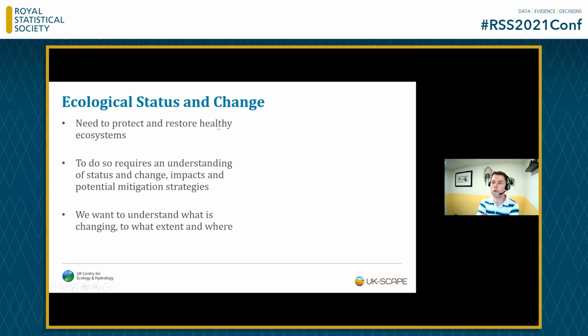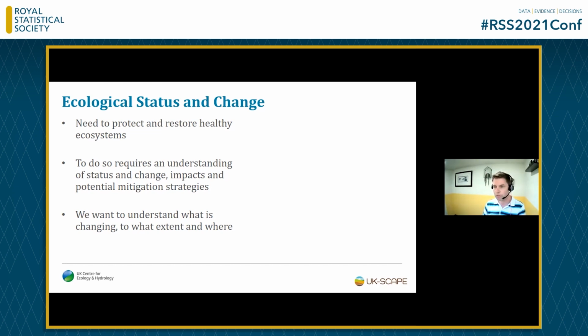So I'm going to talk about vegetation, but generally, this is about ecological status and change. And we know that there's a need to protect and restore healthy ecosystems. There's lots of reasons to do this for the benefits they give both to us as humans, that we're only just now quantifying and recognizing with the ideas around natural capital, but also obviously the benefits that they give to other species, and species give to other species, and that whole interaction within the ecosystem.